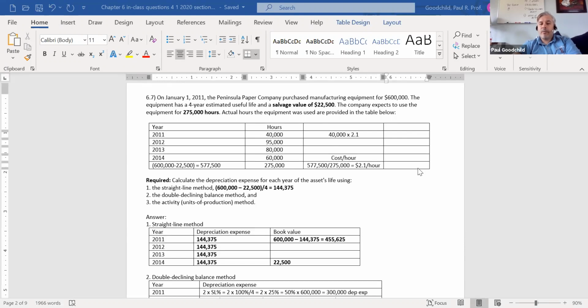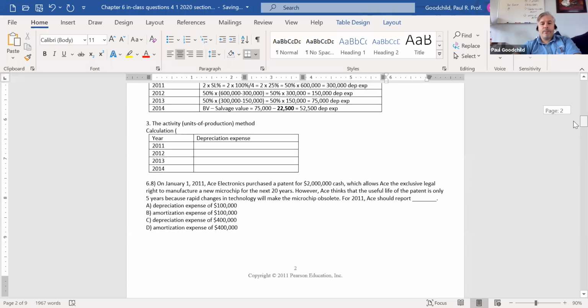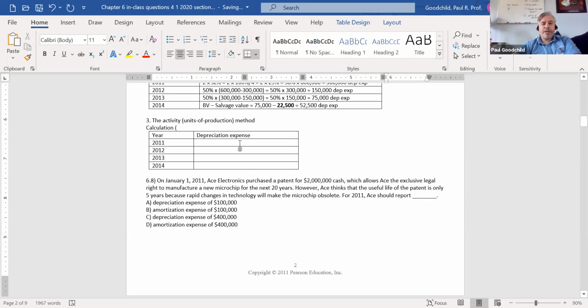Times 2.1, and that's going to be equal to 84,000. Okay. So my first year's depreciation expense, 40,000 times 2.1 equals 84,000.